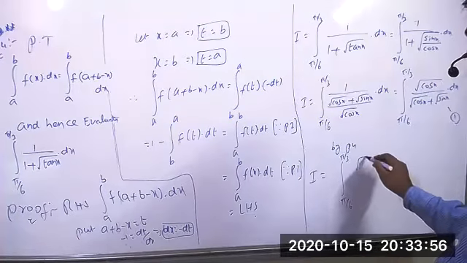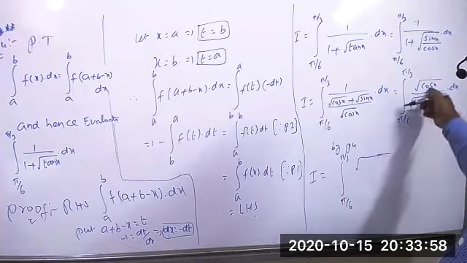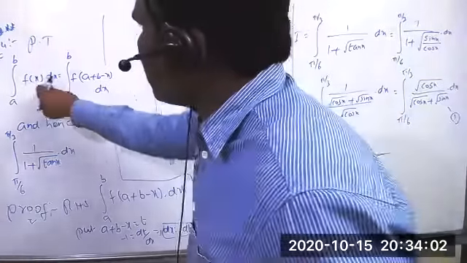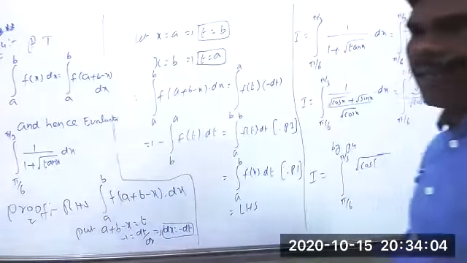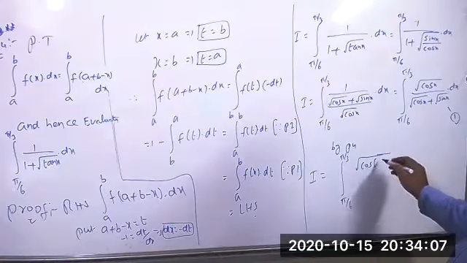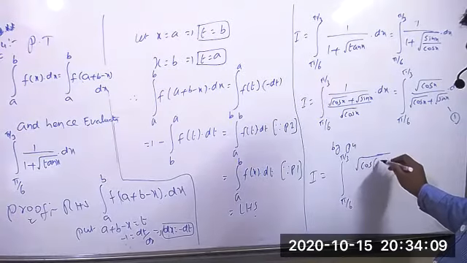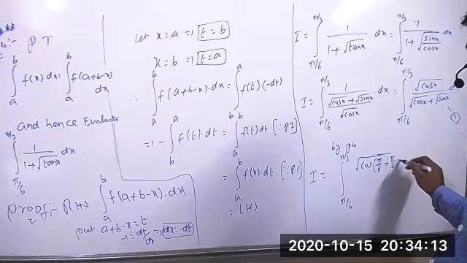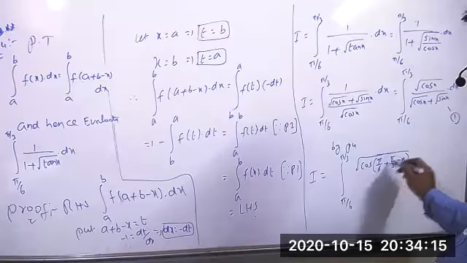So you can write now square root of cos of, in place of x only we are changing, x equals a plus b minus x. So you can write clearly pi by 6 plus pi by 3 minus x. Am I correct?